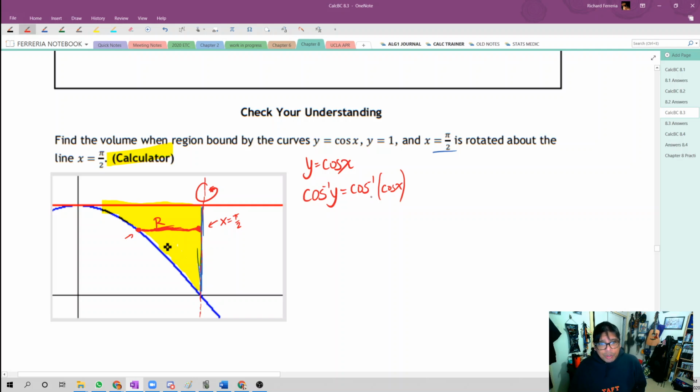The inverse cosine of the cosine of x is equal to x, so we get x equals inverse cosine of y. We can kind of see why this is a calculator question now. So the radius is going to be equal to pi over 2 minus the inverse cosine of y.